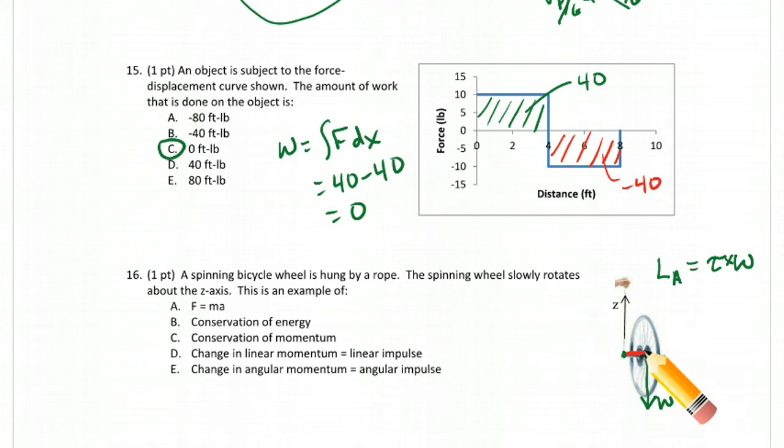Force times the perpendicular distance is going to give us a torque going around that way. Alright, and it's very hard to draw on this picture, but we do have an omega of the wheel, as it's spinning around this way.